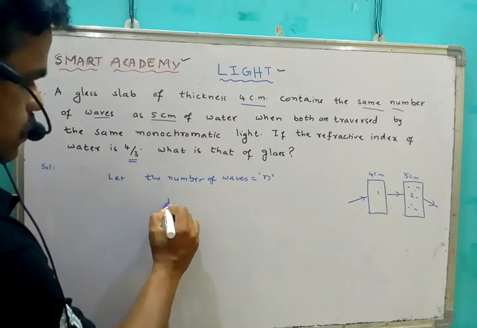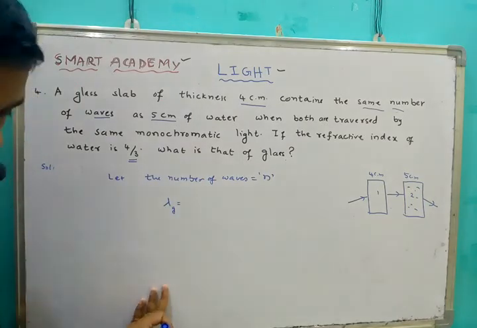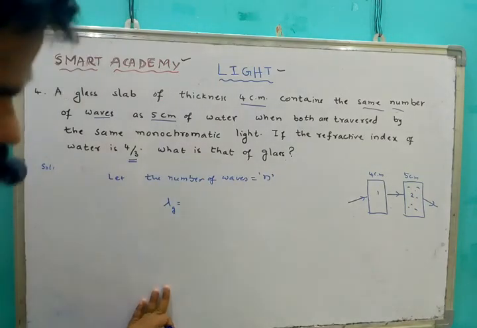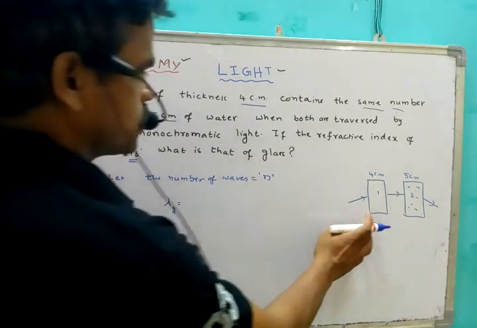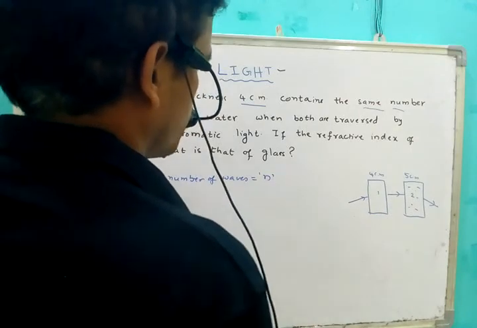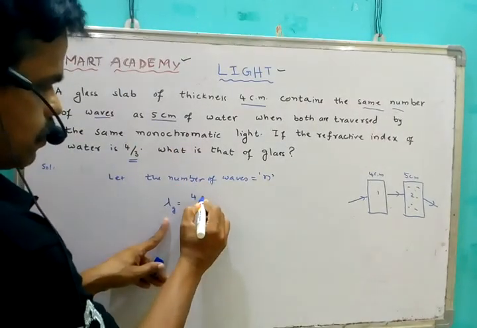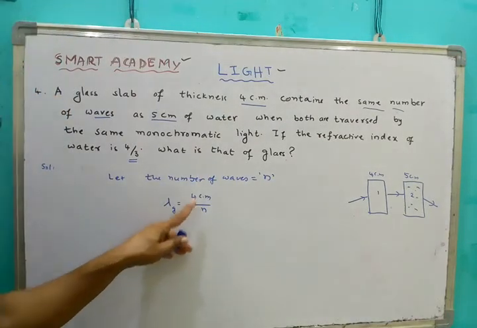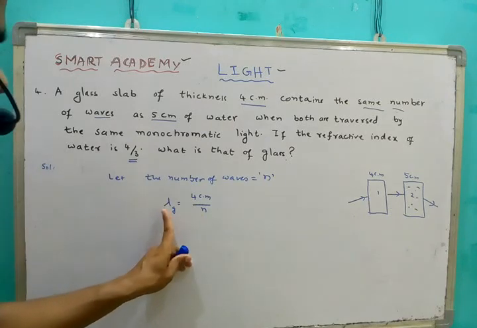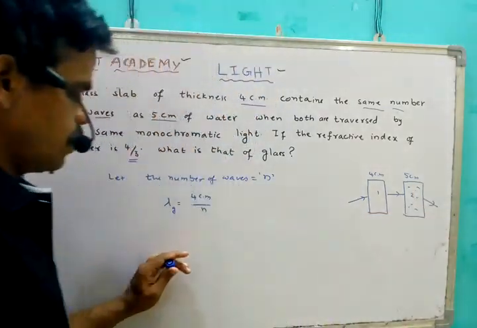So we know that lambda g, the wavelength of light in the glass medium, the glass slab, is equal to the length of the medium by the number of waves, that is 4 centimeter by n.